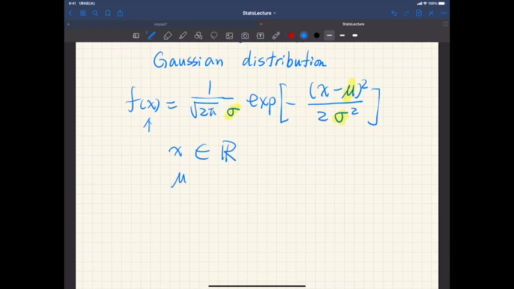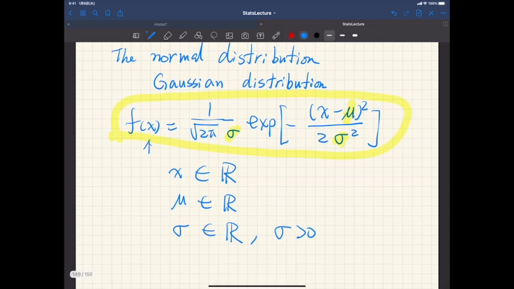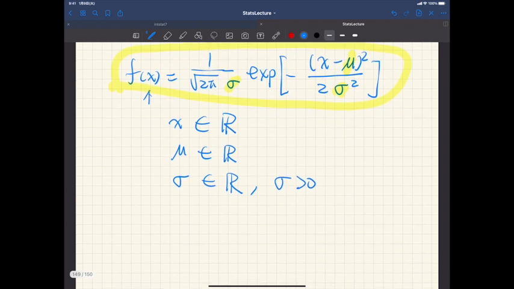And this parameter mu is any real number, and the parameter sigma is also a real number, but it has to be positive. Since this is such an important distribution, you must memorize this density function. And when a random variable x follows the normal distribution, we write N(mu, sigma squared).